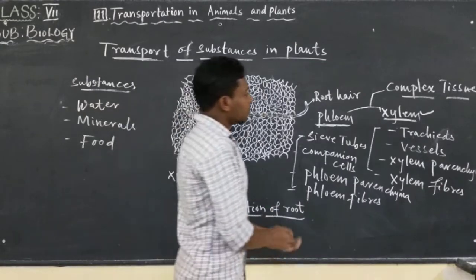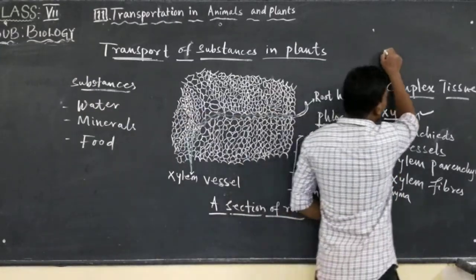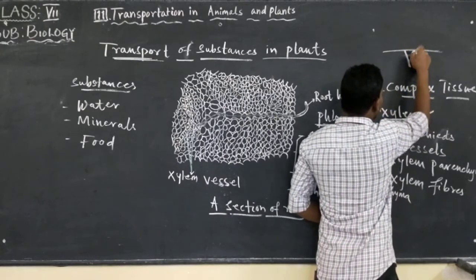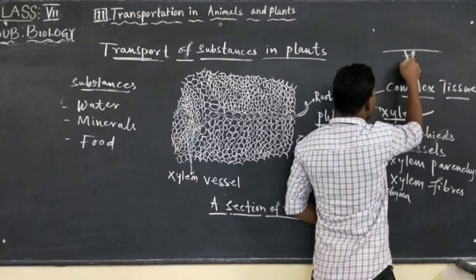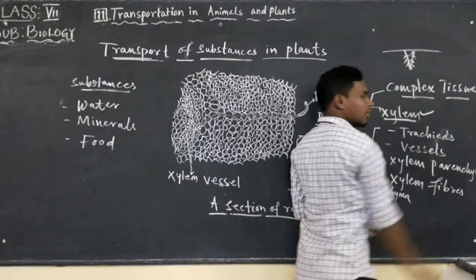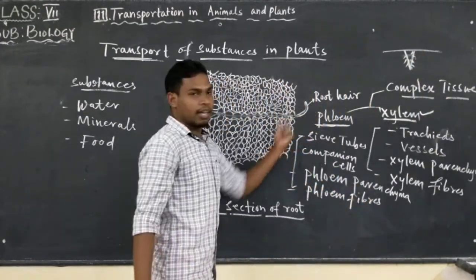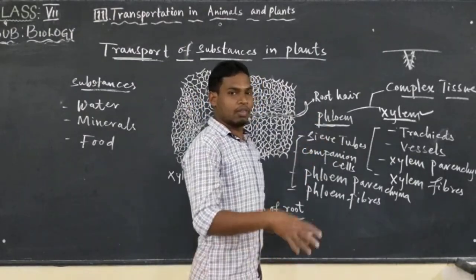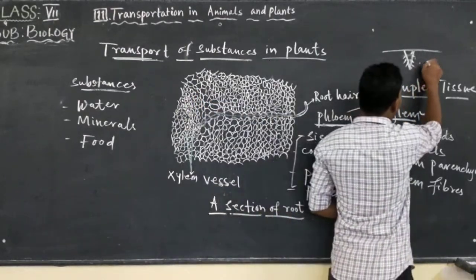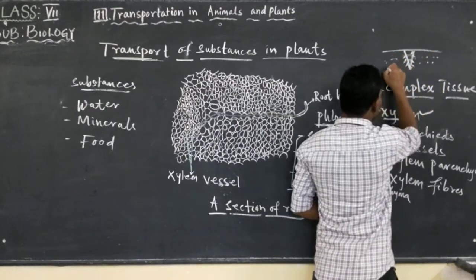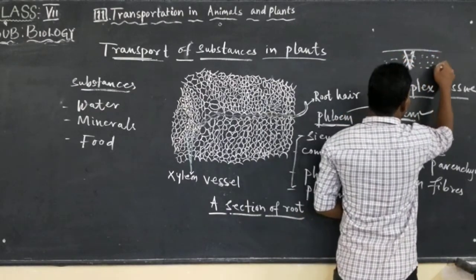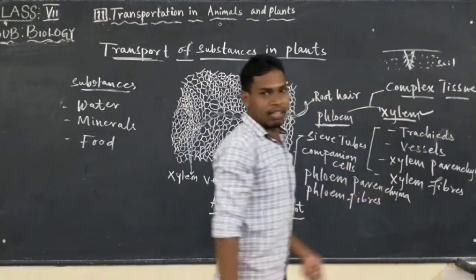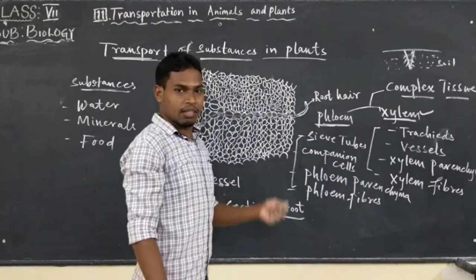Here it is the root, and it has root hairs. The function of root hairs is to absorb water and minerals present between the soil particles. This is soil, and between the particles water may be present.